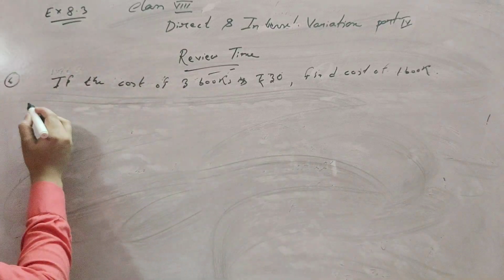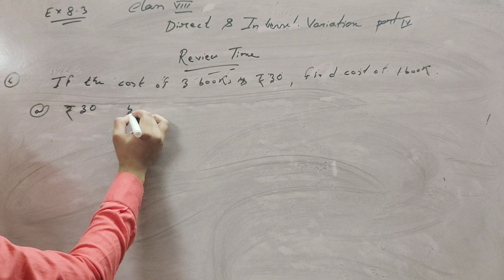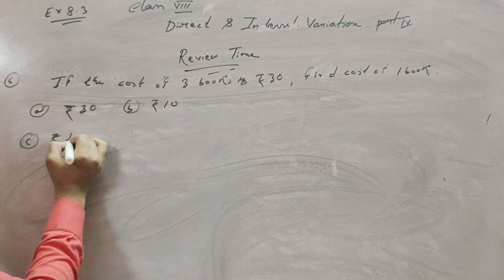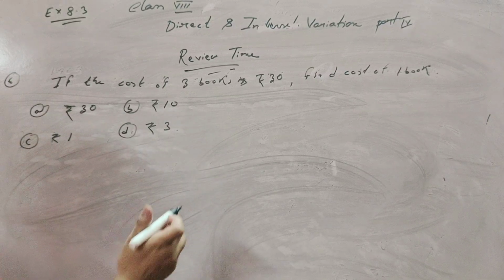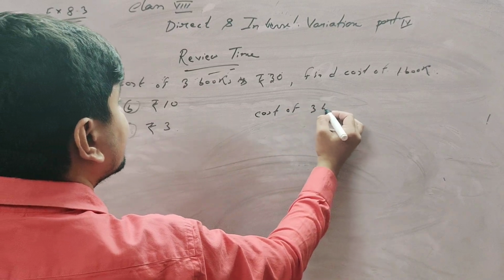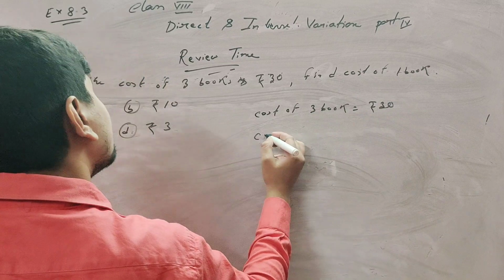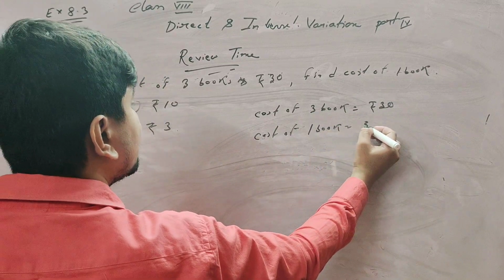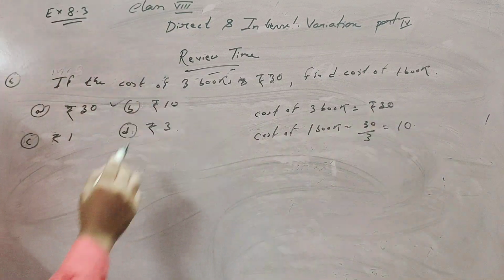A rupees 30, B rupees 10, C rupees 1, D rupees 3. Clear? So the cost of 3 books equals rupees 30, so the cost of 1 book equals 30 by 3, that is 10. So our answer is B.